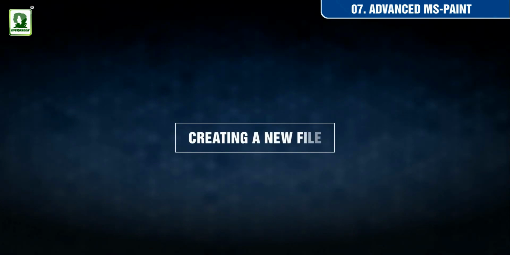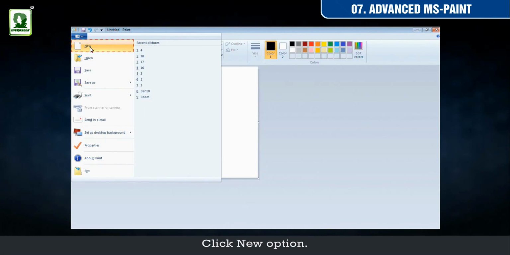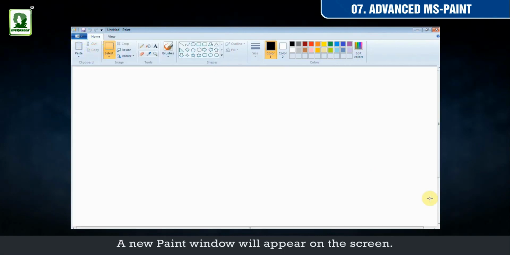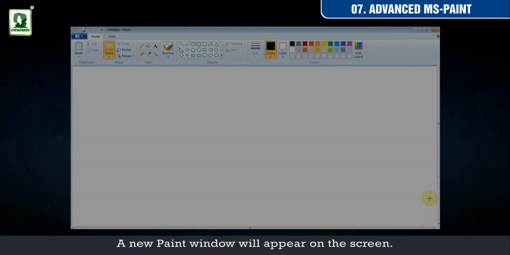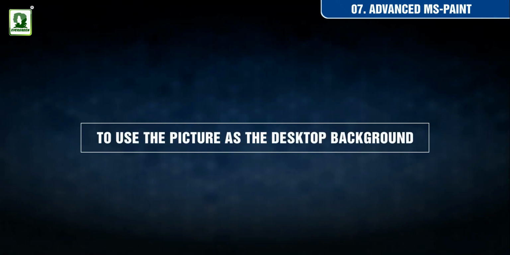Creating a new file. Click Paint button. Click New option. A new Paint window will appear on the screen. To use the picture as the desktop background.